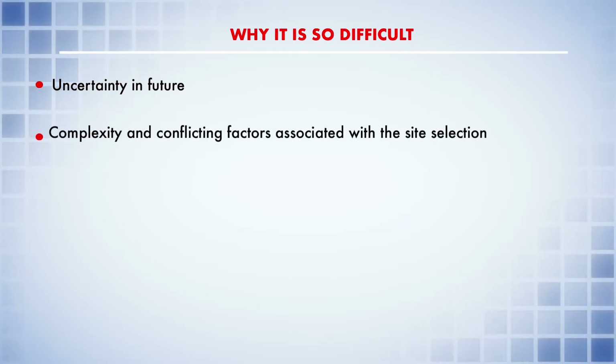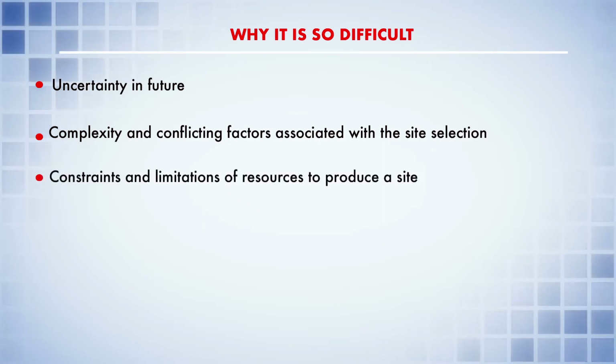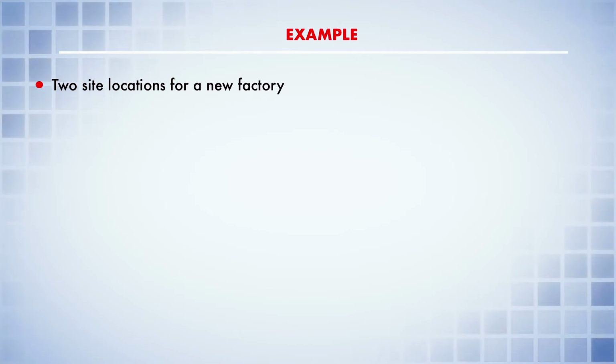Second important part is that there are complexity and conflicting factors associated with the site selection. There are some constraints and limitations of resources to produce a particular site. Let me give you one example.